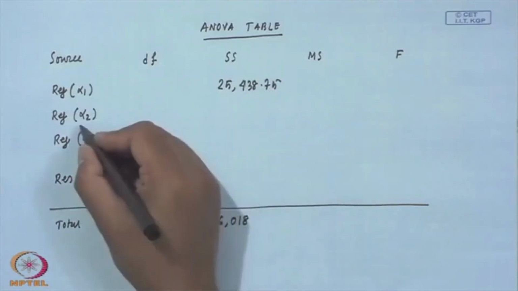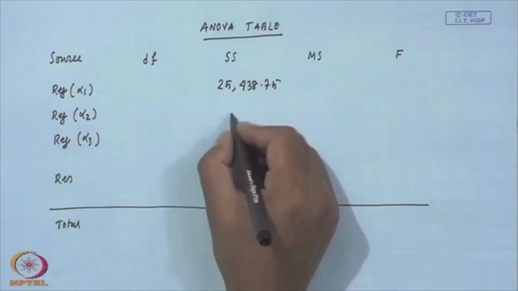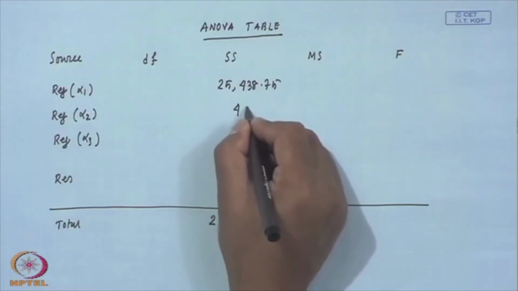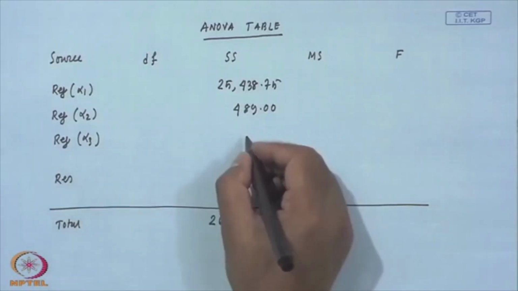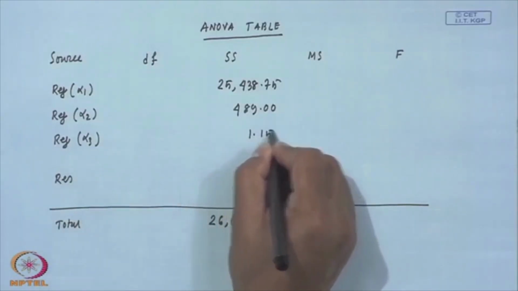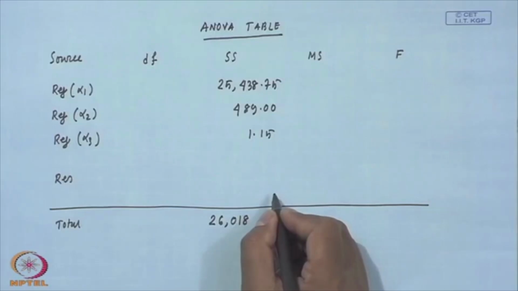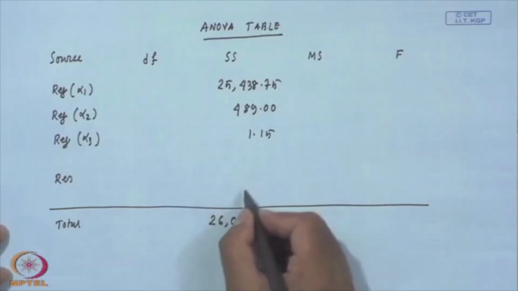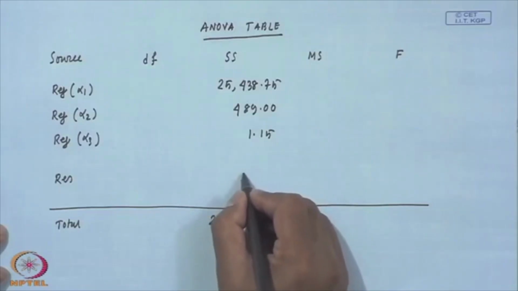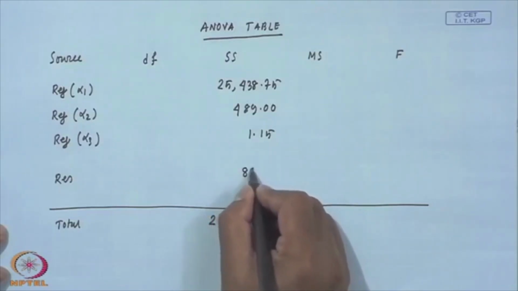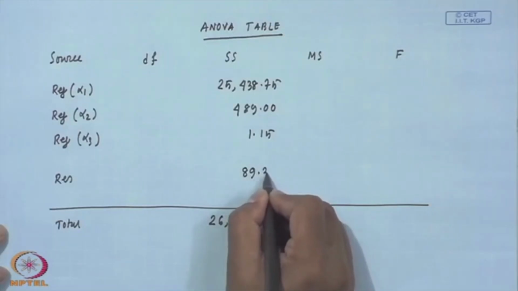SS regression due to alpha 2 is 489, and SS regression due to alpha 3 is 1.15. You can check that the SS residual is just 89.30.